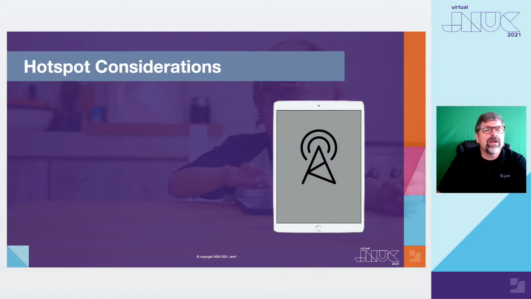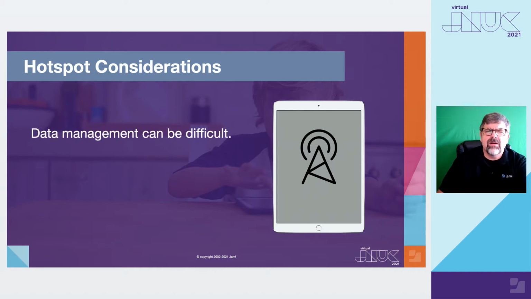Hotspots are a really quick resource in allowing our students who don't have Wi-Fi at home to access the cellular network. Basically, a hotspot bridges a cellular data connection and enables a Wi-Fi device to access it. But one of the things we need to be aware of is data management at the device level can be extremely difficult because the device always thinks it's on Wi-Fi.